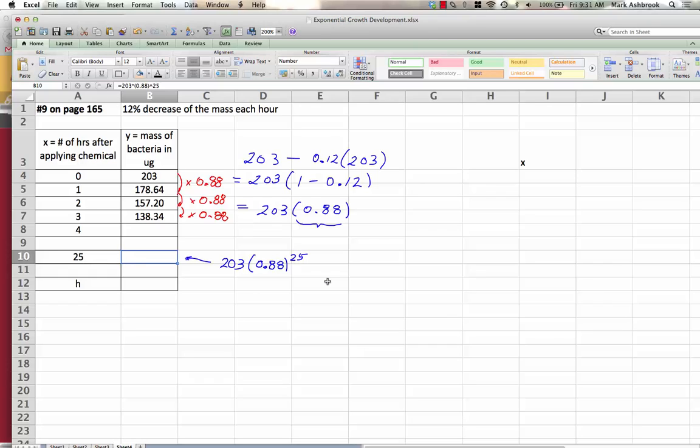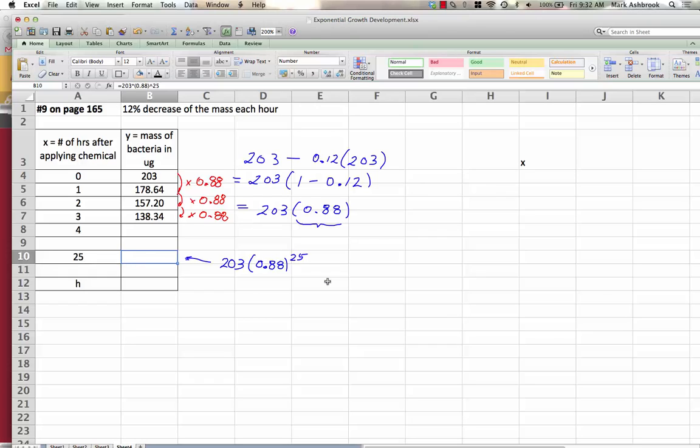Yeah, because every hour we multiply by 0.88, for 25 hours. That would result in 25 0.88s multiplied together. This is what you want to practice when you're working problems. Practice this thinking because it can help you solve all kinds of problems when it comes to exponential growth, because this is the very nature of it. This is the very essence of it.